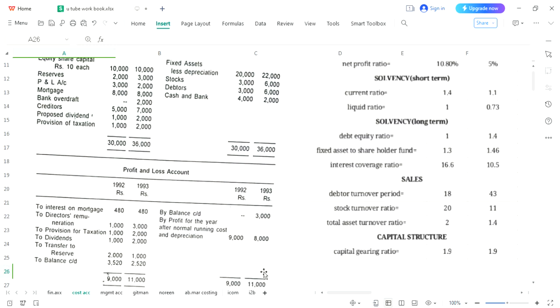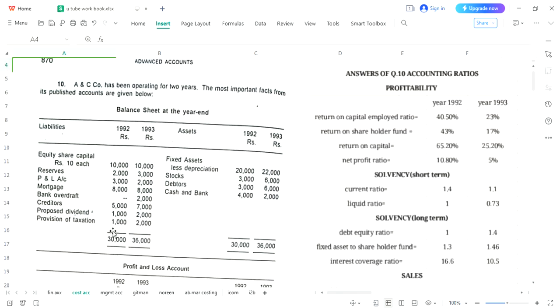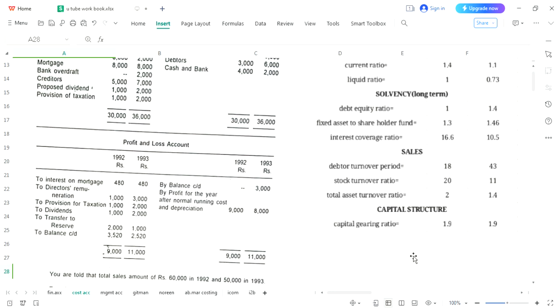The second most important thing is we are asked to calculate ratios regarding profitability, solvency, sales, and capital structure. Here you can see profitability, solvency, short and long term, after which we will see our capital structure.